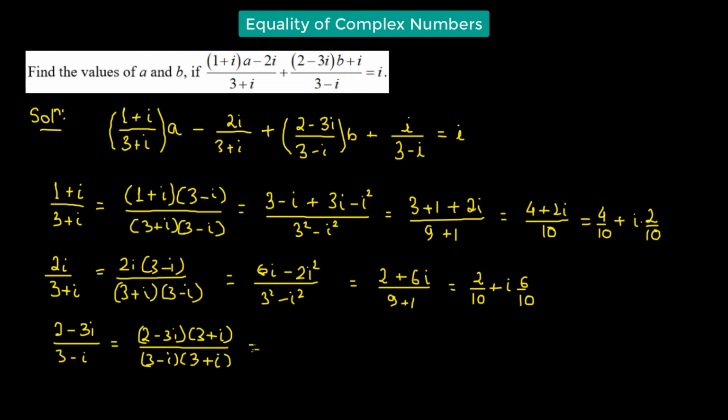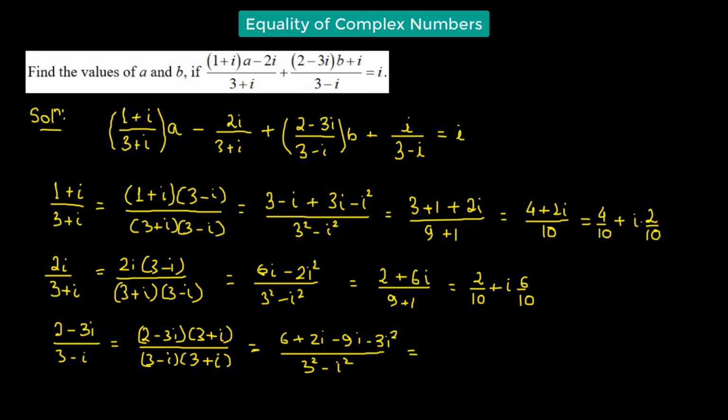And that gives us 2 times 3 plus i will be 6 plus 2i, minus 3i times 3 will be 9i, minus 3i times i will be 3i squared, divided by 3 squared minus i squared.